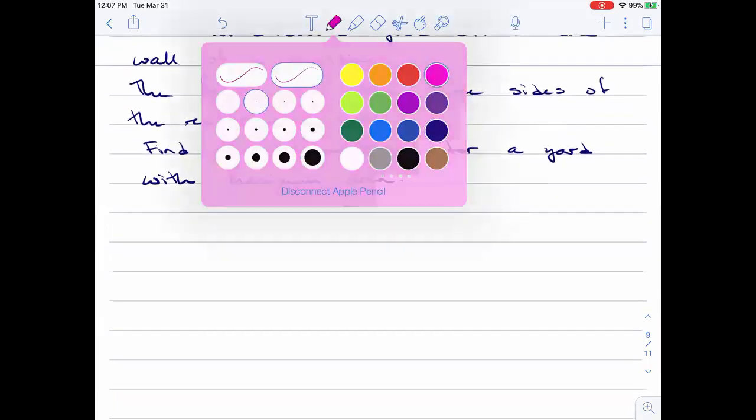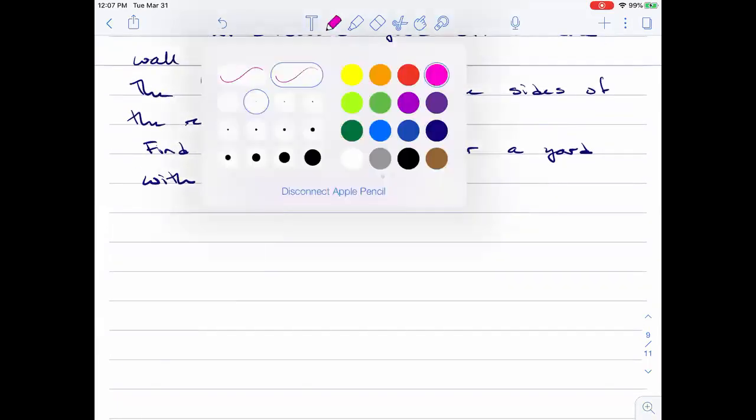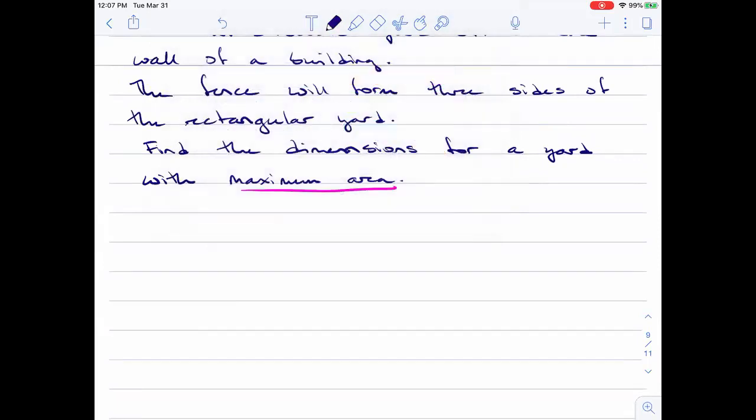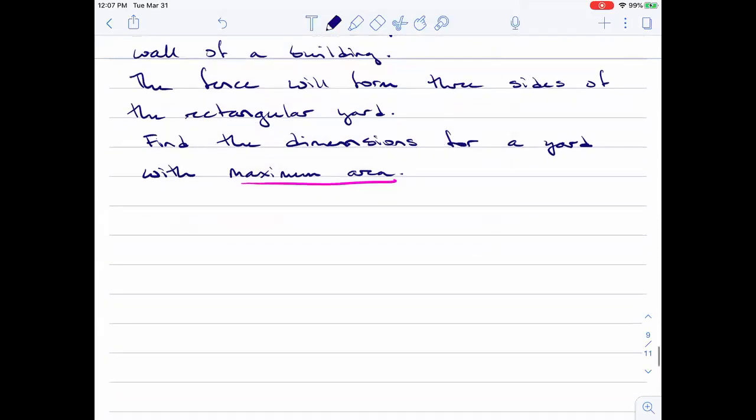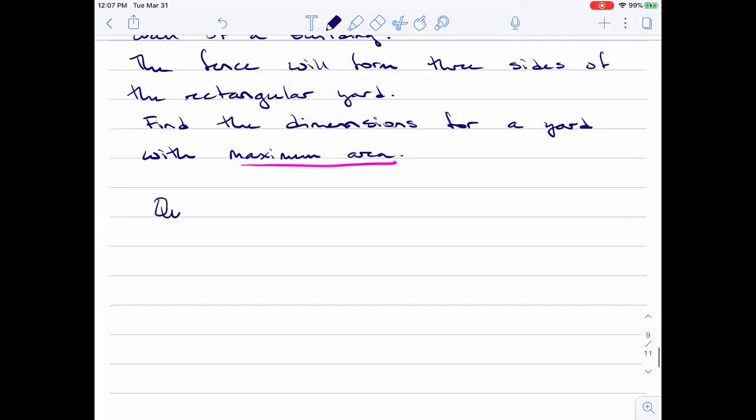So here, the first thing I'm going to latch on to is figuring out which thing I want to maximize. The quantity to be maximized is the area.